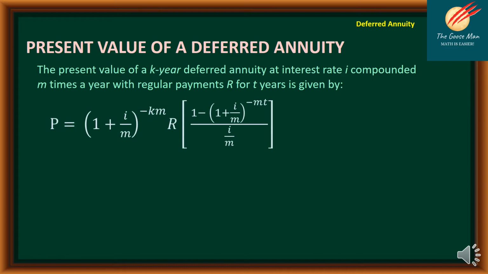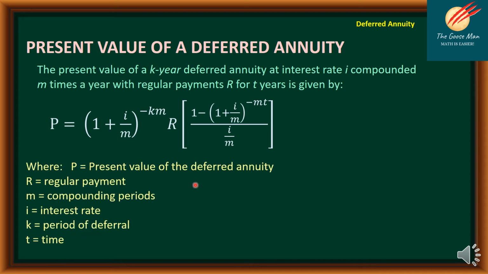The present value is equal to (1 + I/M) raised to negative KM times R, which is your regular payment, times [1 - (1 + I/M) raised to negative MT] all over I over M. Take note that R is the regular payment, M is the compounding periods, I is the interest rate, K is the period of deferral, and T is your time.